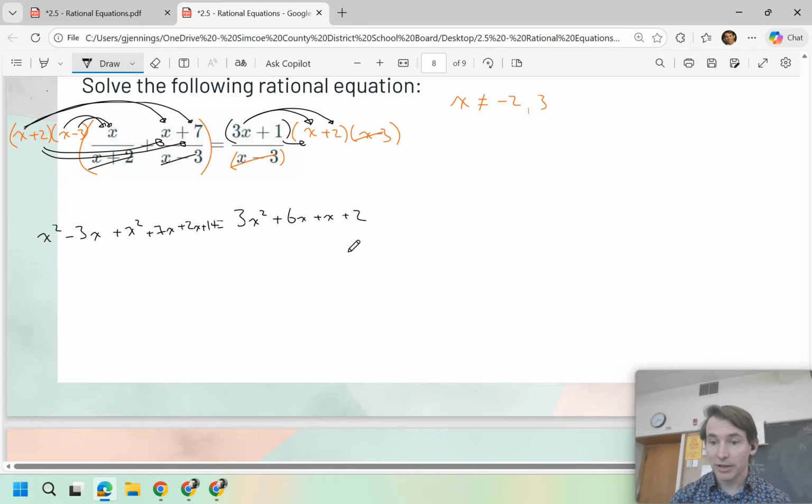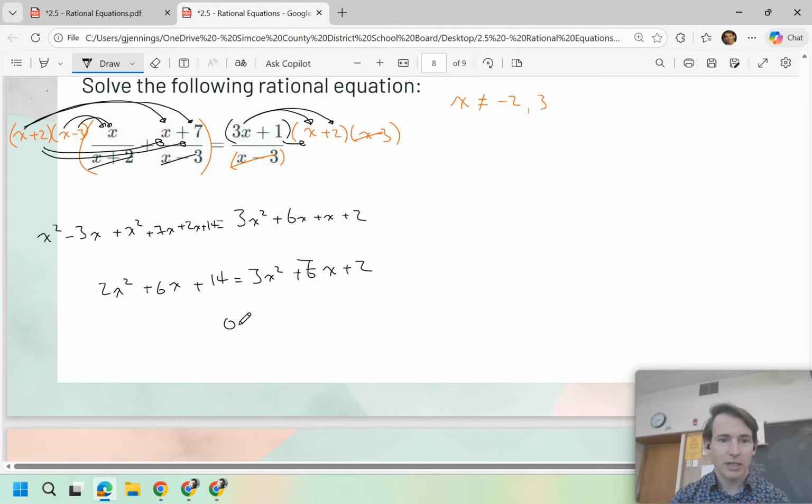And then I just collect my like terms and solve this quadratic. Let's go. That's going to give us 2x squared plus 4x, plus 6x, my apologies. 6x plus 14 equals 3x squared plus 7x plus 2.